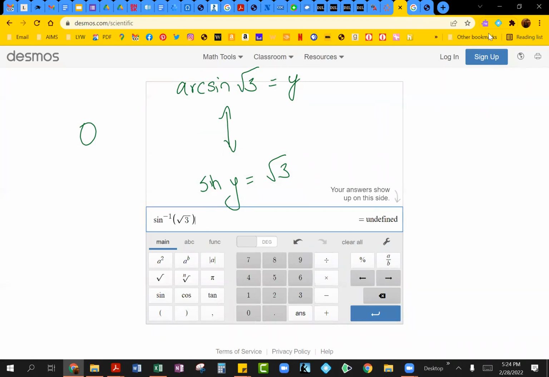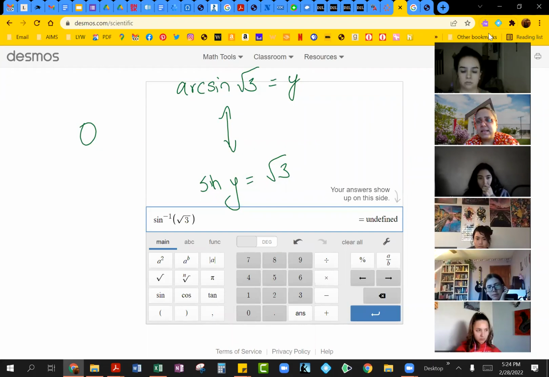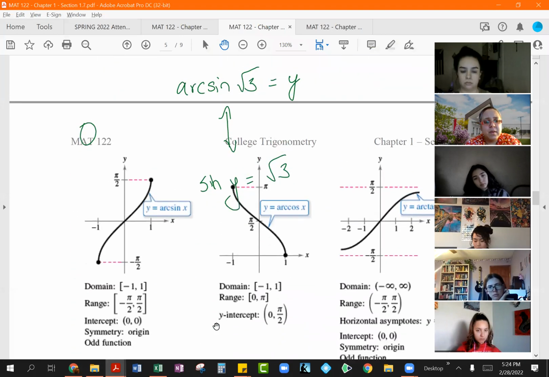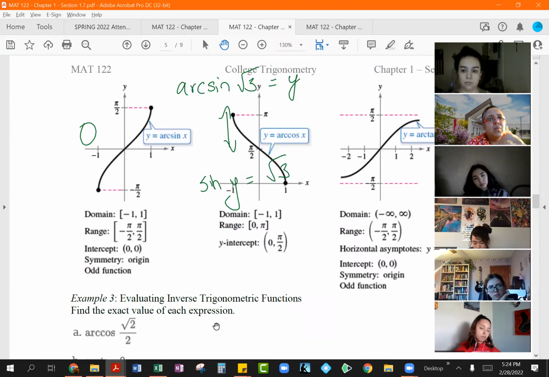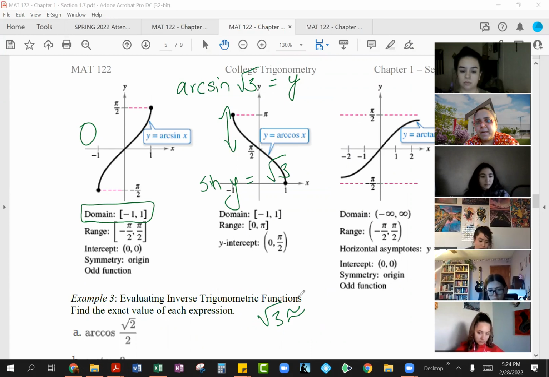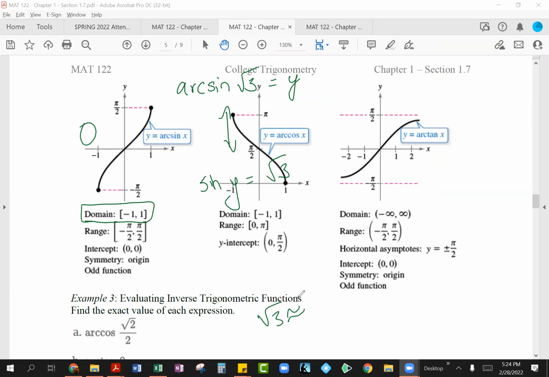Does anybody know why you got a domain error or why it says undefined? Well, what is the domain of our sine function? And what is square root of 3 approximately equal to? Yeah, very nice.